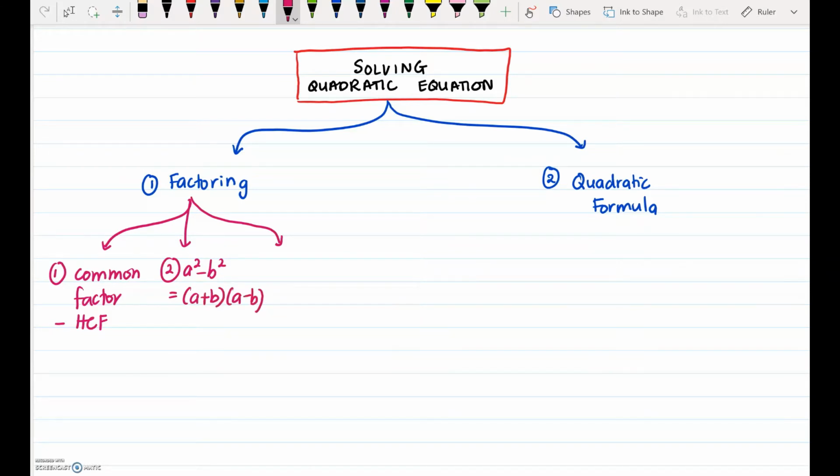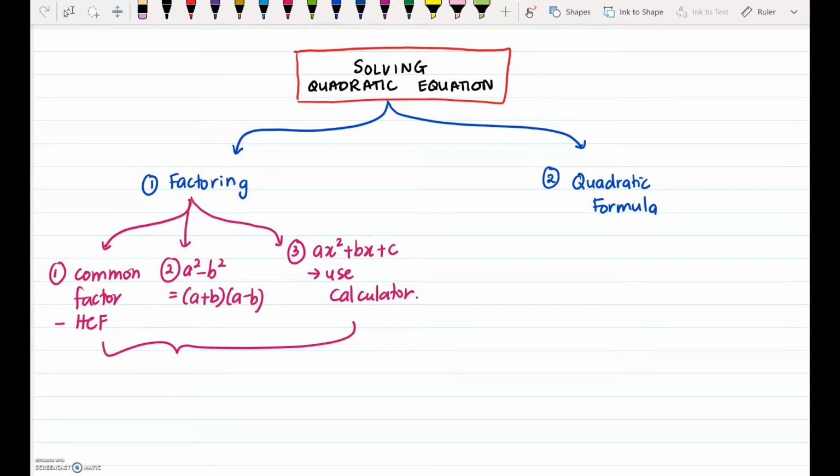And another one, in the form of ax squared plus bx plus c, you can use calculator. But actually for all these three, you can solve using calculator.